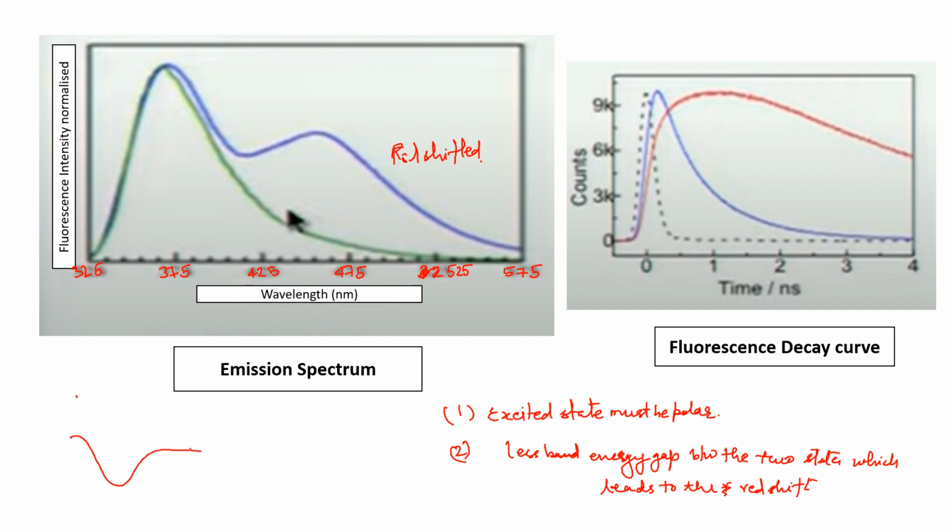Suppose the ground state was, we can construct it like this diagram. So with time, what happens? The excited state processes happen to be like this, and therefore the emission becomes a little bit of higher wave number or the less energy.